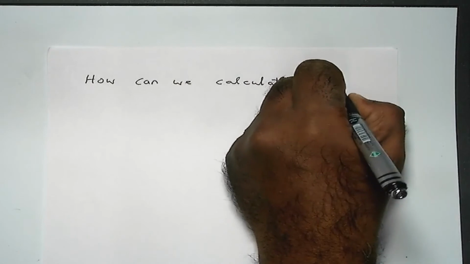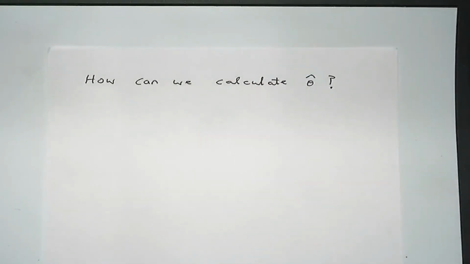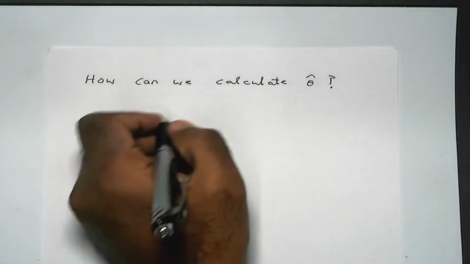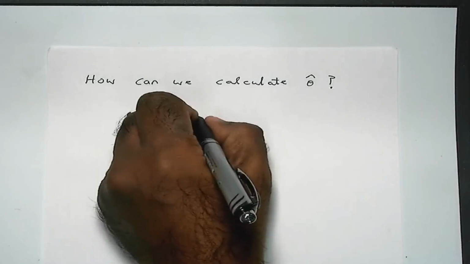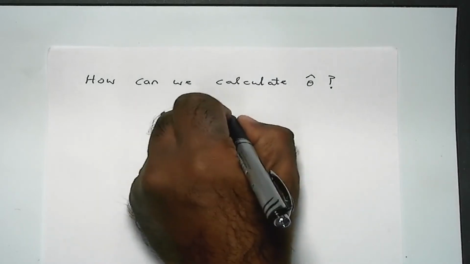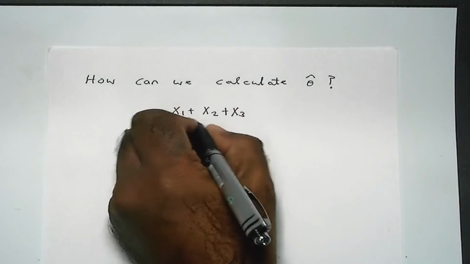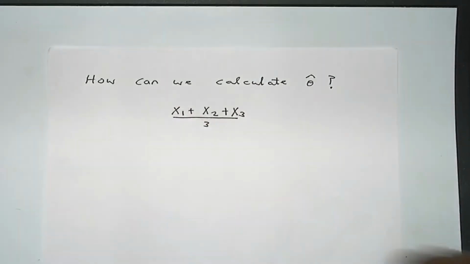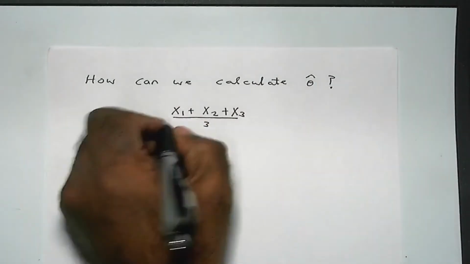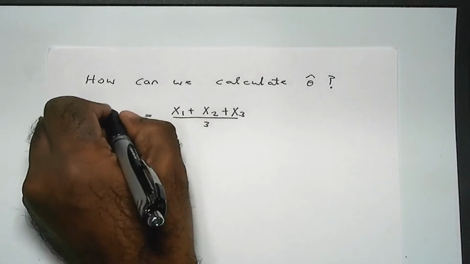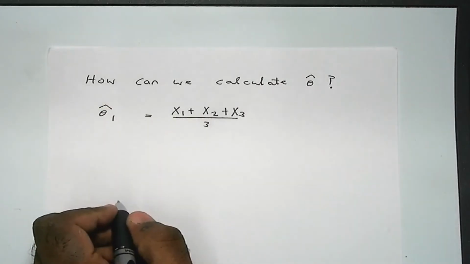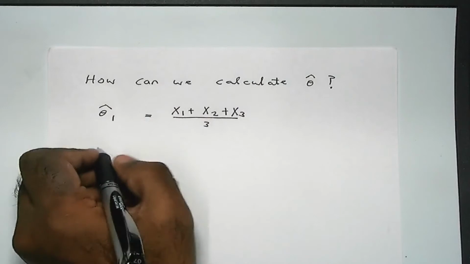That's the question mark. All right. One way is to add the three heights, right, and divide by 3, and you may call this theta hat 1. That's one possible way, right? But that's not the only possible way.